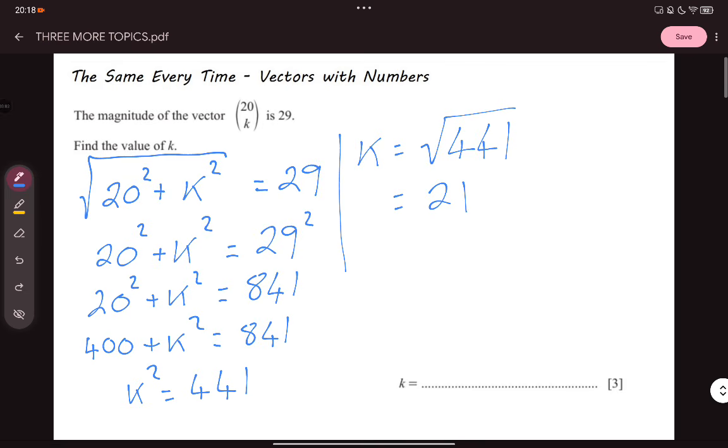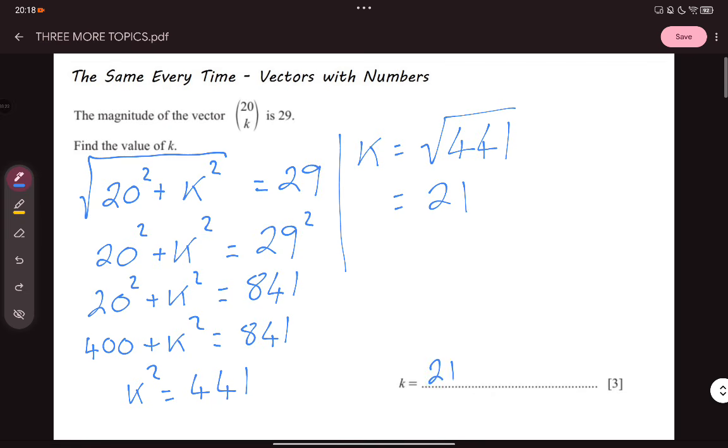Now, go back to the question here, because you might be thinking what I'm thinking. The magnitude of that vector is 29. Find the value of k. In the question, they do not say anything about k. They do not say whether it's a positive number or a negative number. Sometimes in this kind of question, they do say k is positive or k is negative.